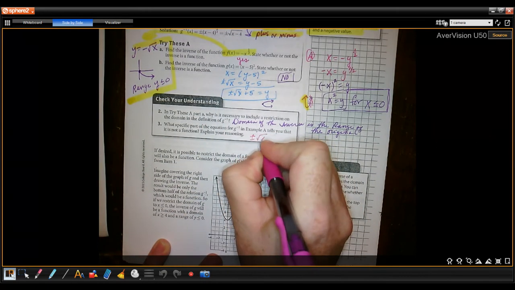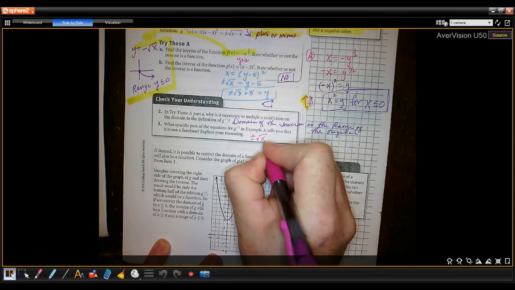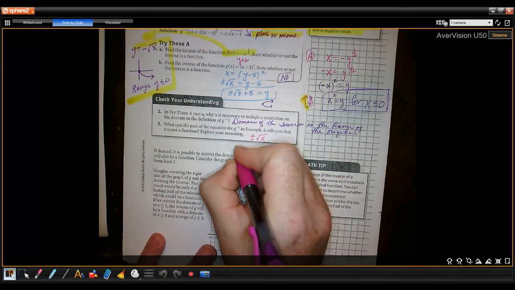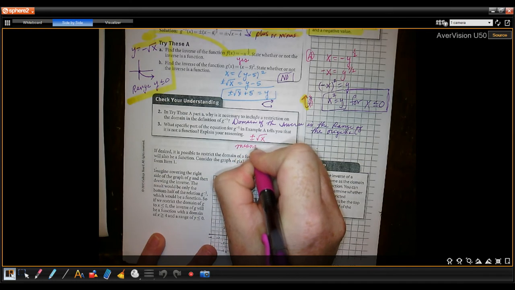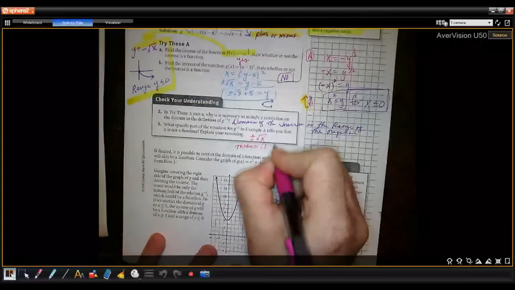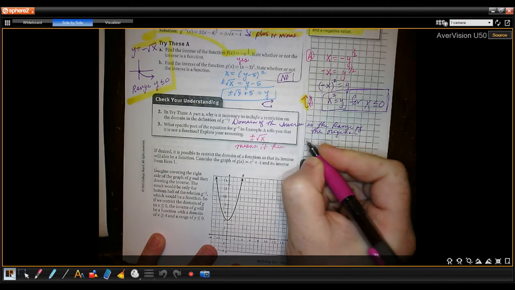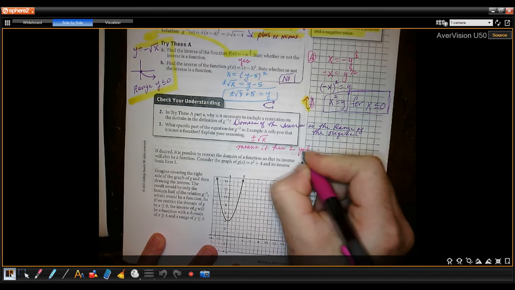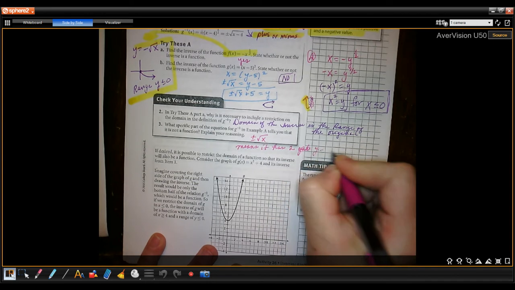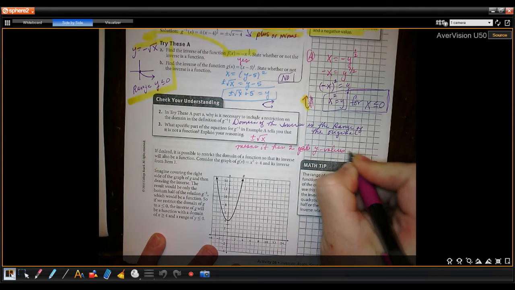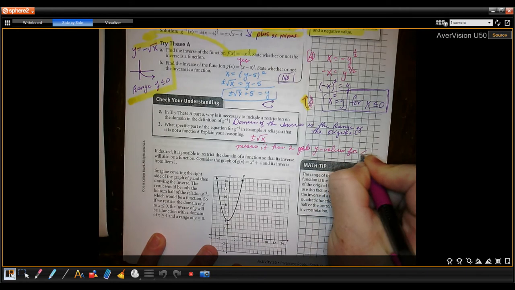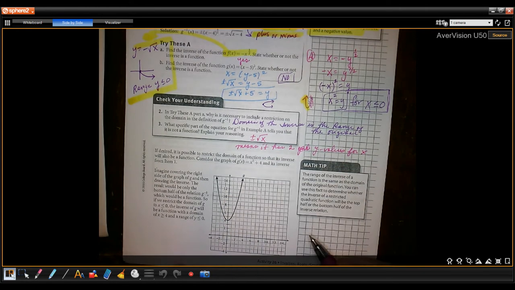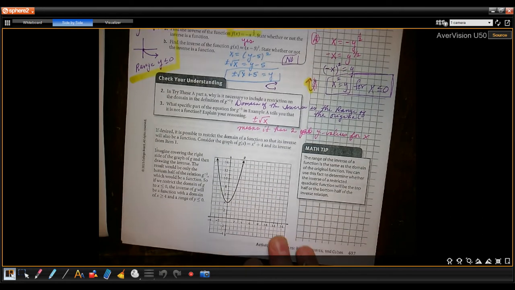That's how I knew that it was not a function, because this means it has two y values for x. So that's really important.